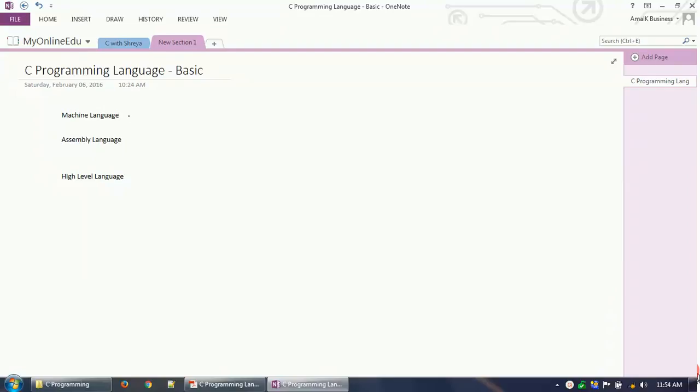As you know, machine language is the only format which the computer understands. This is nothing but pure binary, in the form of 0 1 0 1. We write the instructions like this.